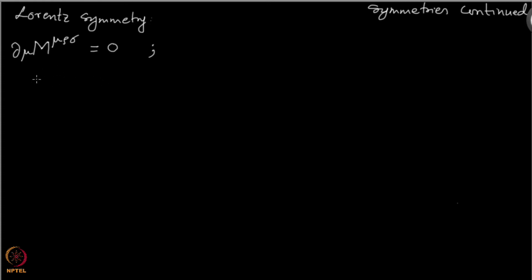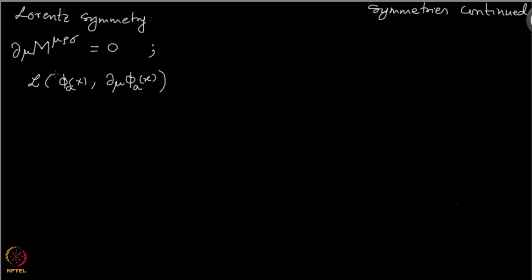So I start with a theory which is described by a Lagrangian density, this curly L, and there are several fields, which are labeled by φ_A, and I am interested in those Lagrangians which depend on the fields and their first derivatives.